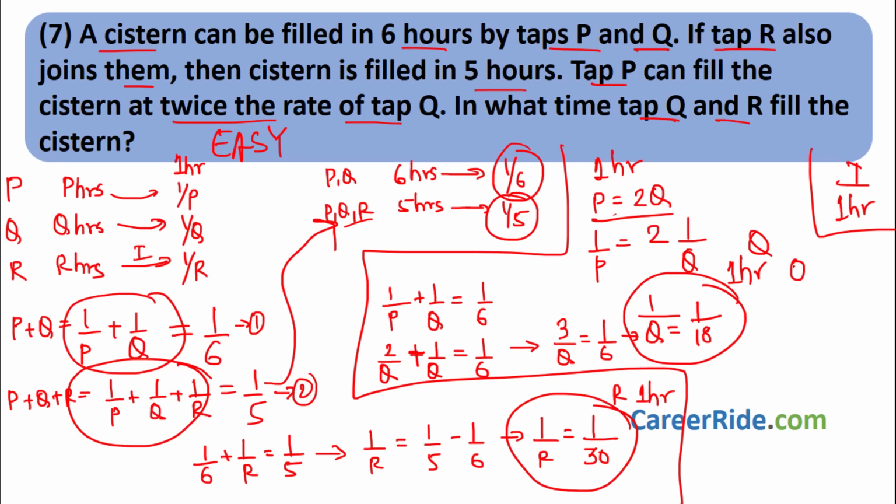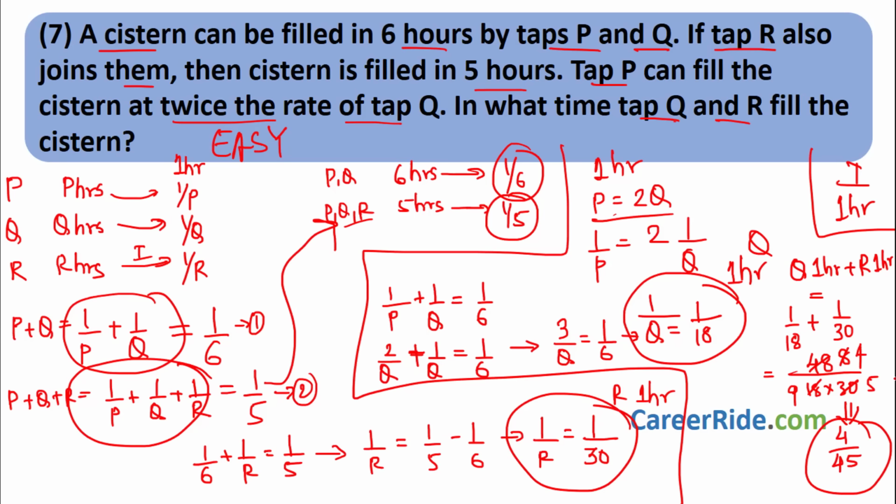So work done by Q in 1 hour plus work done by R in 1 hour. What is the answer for this? 1 by 18 plus 1 by 30. That would be how much? 18 into 30. We will have 30 plus 18, that is 48, right? So 6 8s are 48, 6 5s are 30, and so on, so that would be nothing but 4 upon 45.